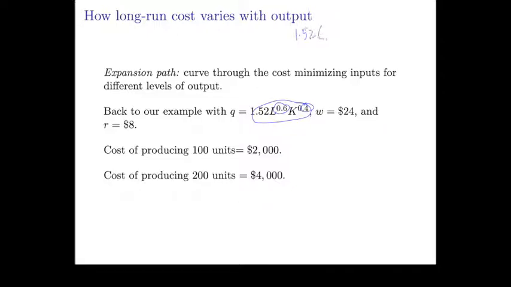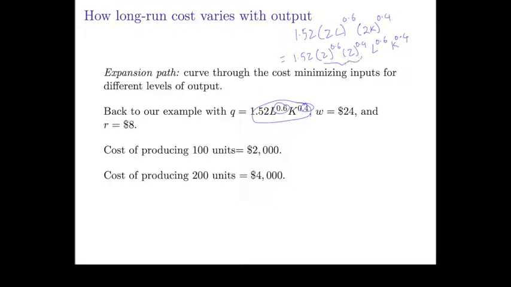1.52 times 2L to the 0.6 times 2K to the 0.4. Well, that's equal to, I'm going to factor out the 2's, 1.52 times 2 to the 0.6 times 2 to the 0.4 times L to the 0.6, K to the 0.4.